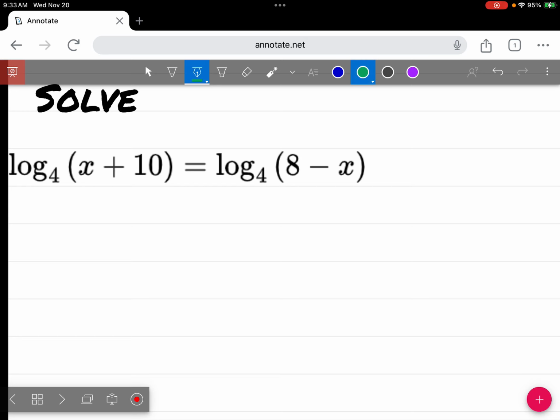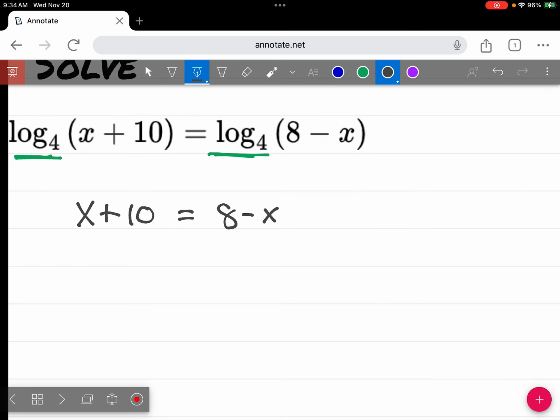So, what can we do on this one? They have the same bases here. So all we care about is, when are these arguments the same? When does x plus 10 equal 8 minus x? So what are we going to do? Add x.